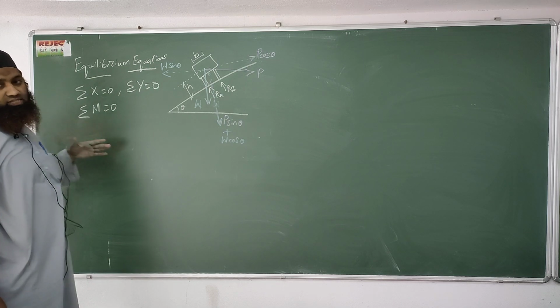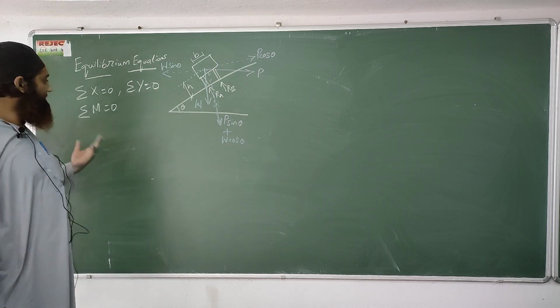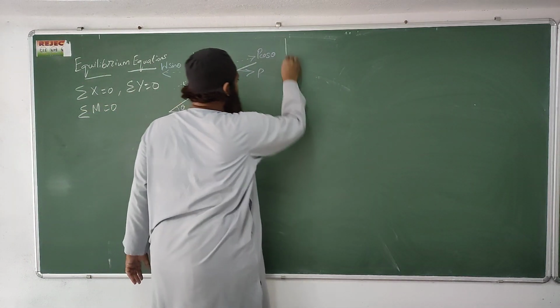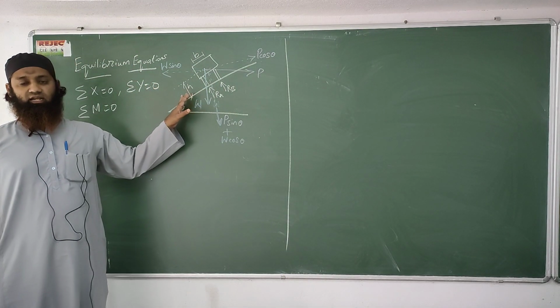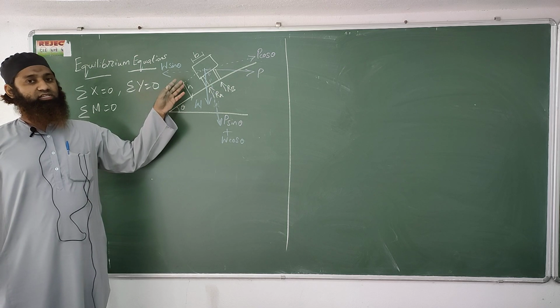We'll be seeing all these three equilibrium equations, and we'll see what equations we get after this. Hope this is clear till here. This figure is clear till here. Then we'll move on.